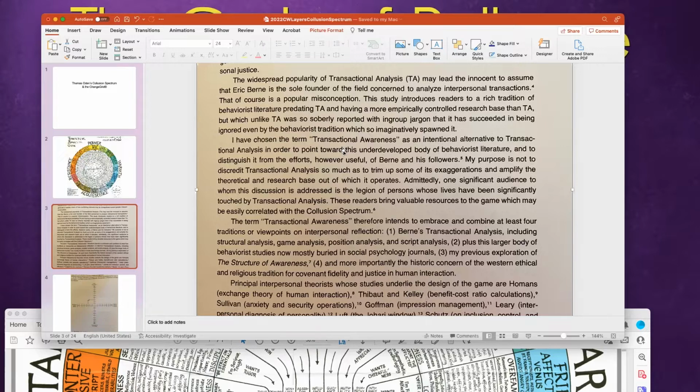My purpose is not to discredit transactional analysis so much as to trim up some of its exaggerations and amplify the theoretical and research base out of which it operates. Admittedly, one significant audience to whom this discussion is addressed is the legion of persons whose lives have been significantly touched by transactional analysis. These readers bring valuable resources to the game, which may be easily correlated with the collusion spectrum.